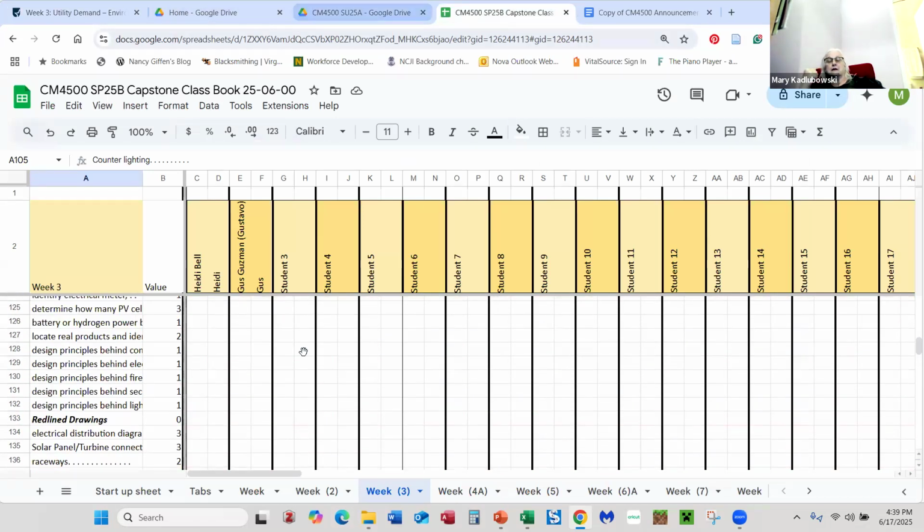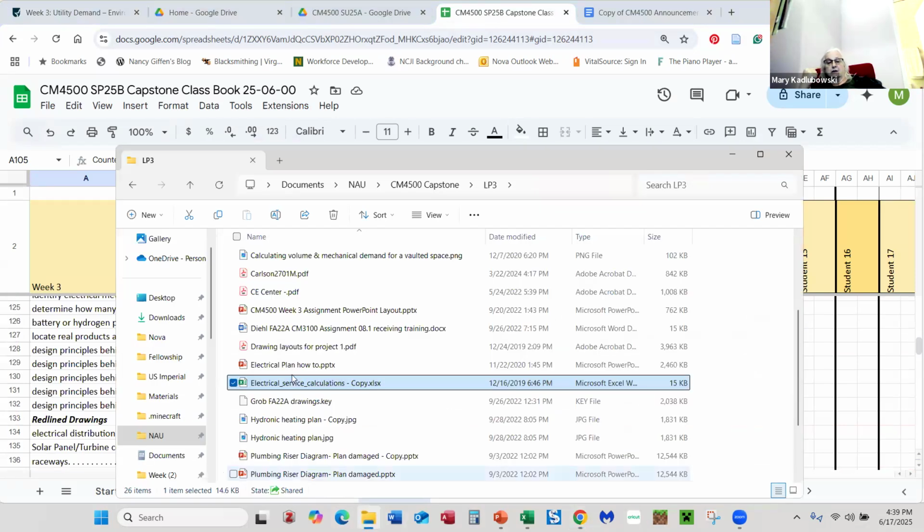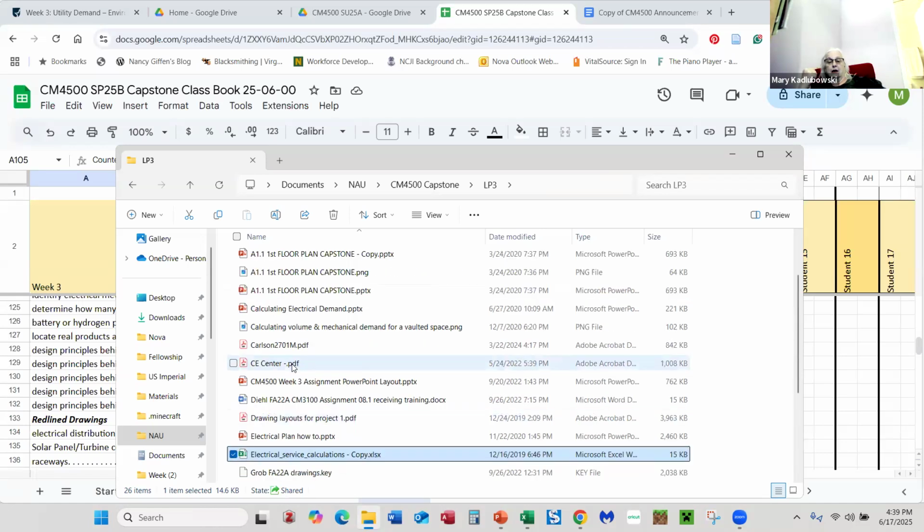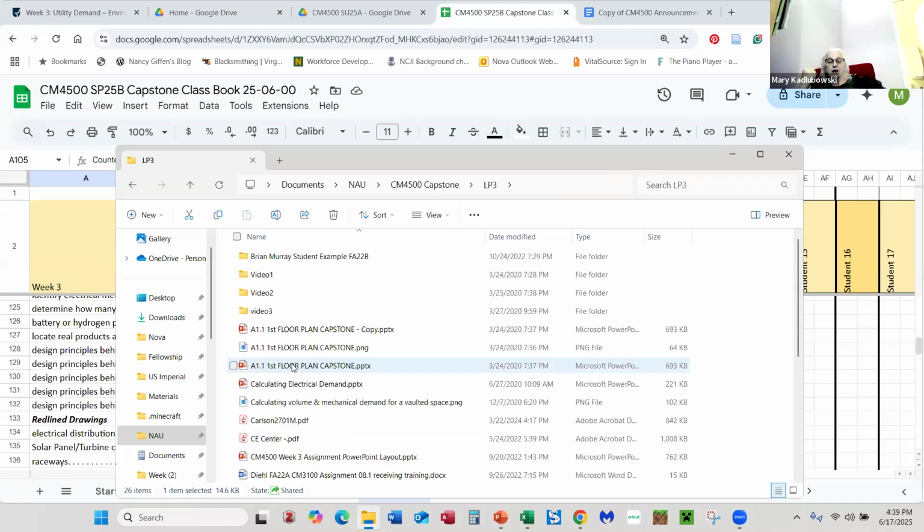Where is it? Well, maybe it is here. Nope. Okay. I thought I had a sketch of how that radiant thing works, but I don't. Okay, what's next?